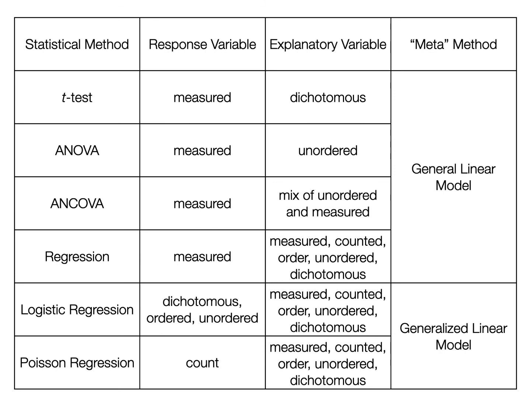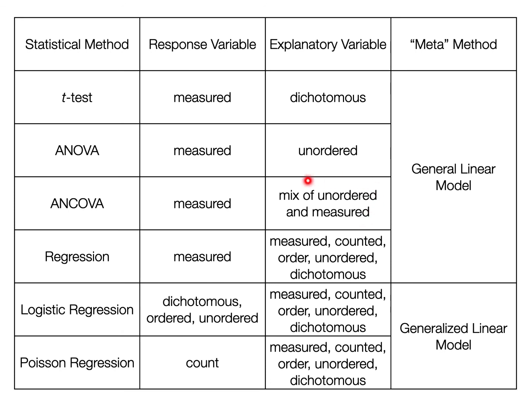What the difference is between t-test, ANOVA, ANCOVA, and regression is what kinds of variables are possible as the explanatory variables. For a t-test, it's just a dichotomous categorical variable, just comparing 2 groups. For ANOVA, you can expand that from not just dichotomous, but you can have unordered explanatory variables.